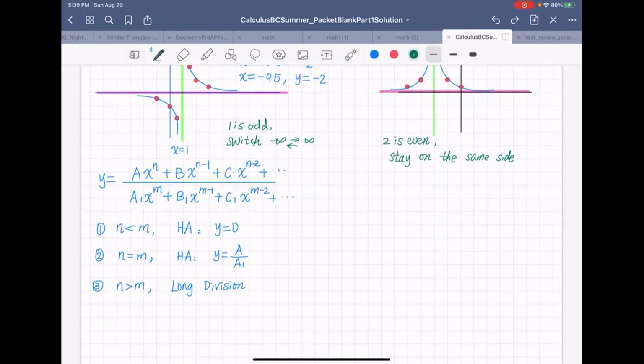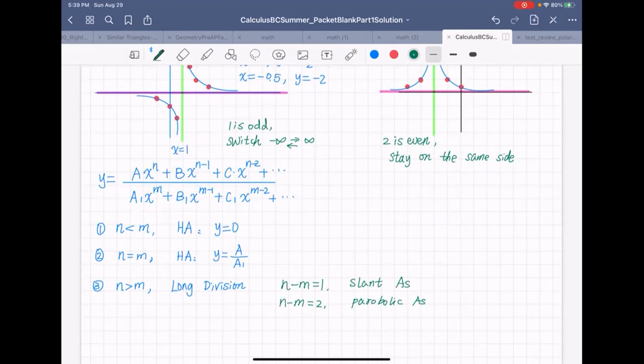If n minus m equals 1, you find your slant asymptote. If n minus m equals 2, it's going to be a parabolic asymptote.